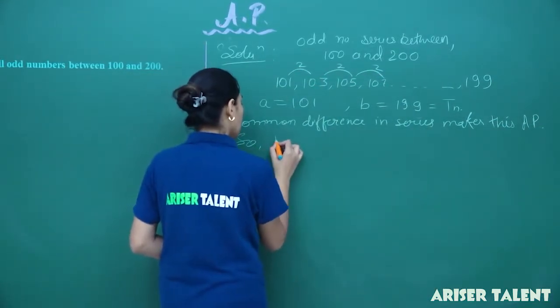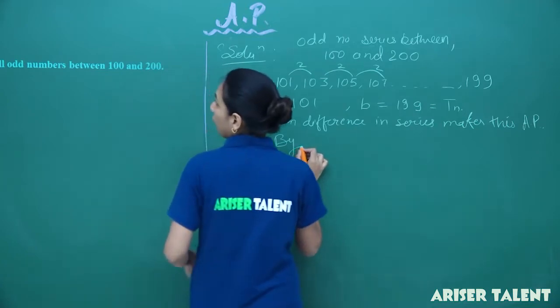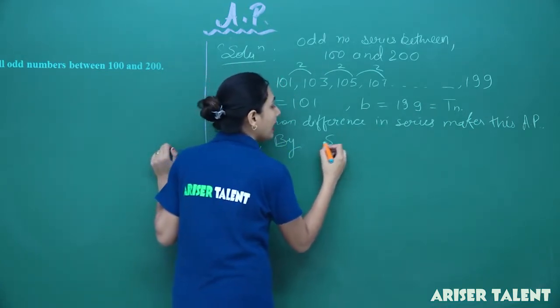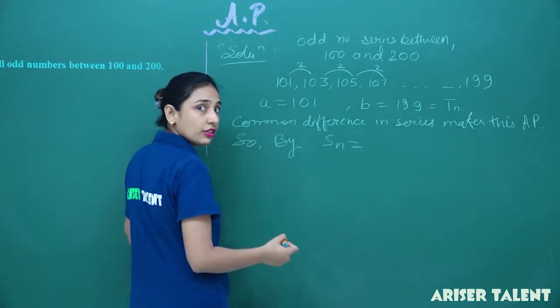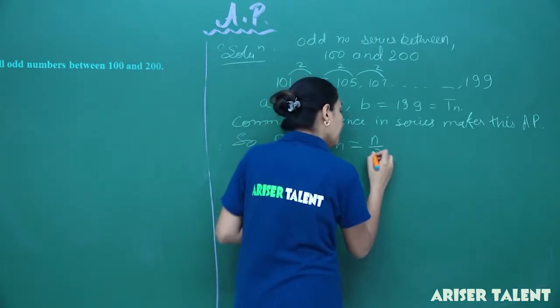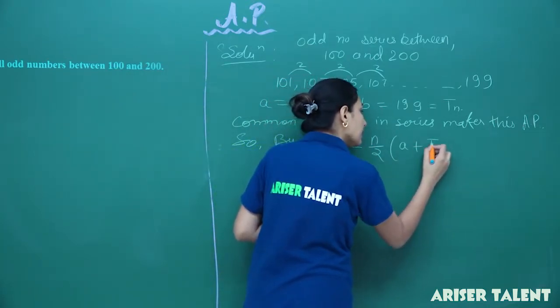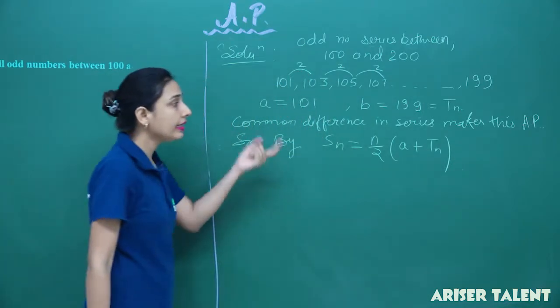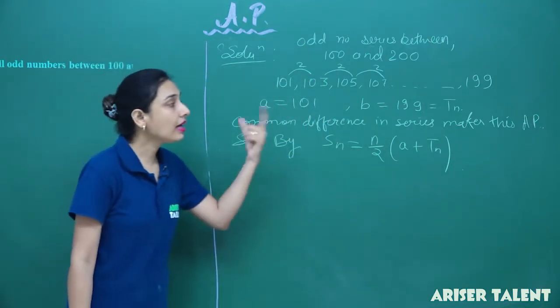So what we have to find? The sum Sn equals what? What is the formula of Sn, students? Sn equals n by 2 times (A plus Tn), and Tn is the last term.